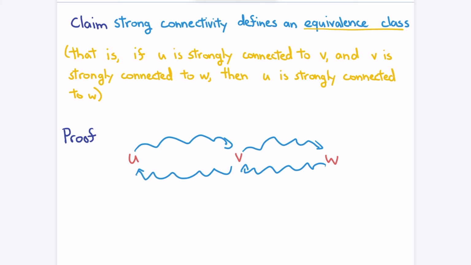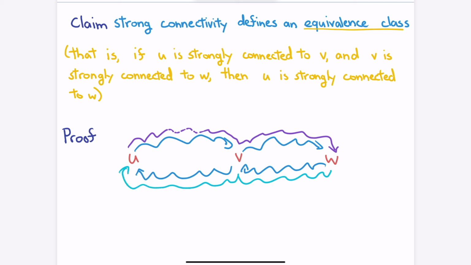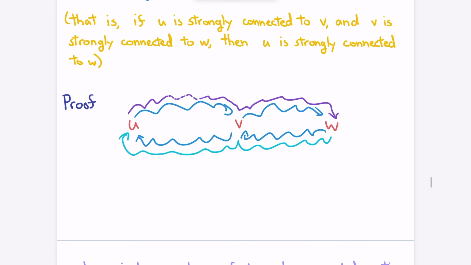Then I know that U can reach W by concatenating these paths, and I know that W can reach U by concatenating these paths. And that's it. Nothing complicated. Everything's simple.